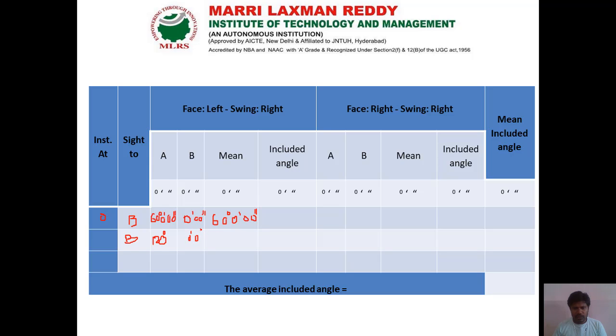So the mean angle becomes 120 degree. Now the included angle between these two values is the difference between 120 degree and 60 degree, so it comes as 60 degree as the included angle.